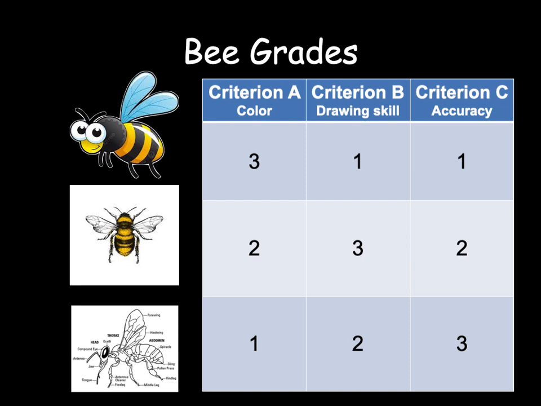For example, if the students had seen the rubric ahead of time, probably more of them would have labeled the bee, and you'd have higher scores. Or if you knew that you were supposed to use color, the student who did the black and white version but labeled it would have known to color it.